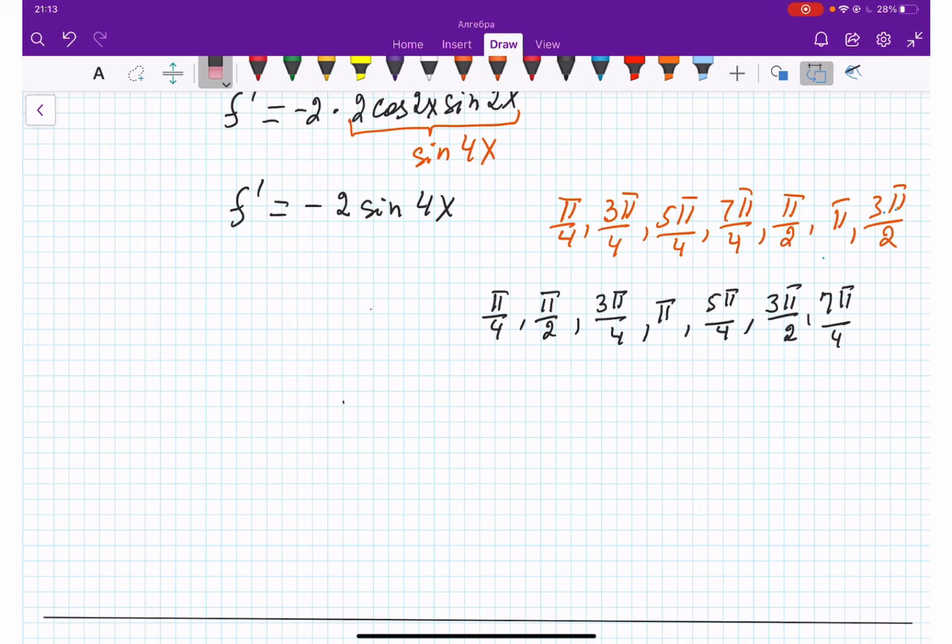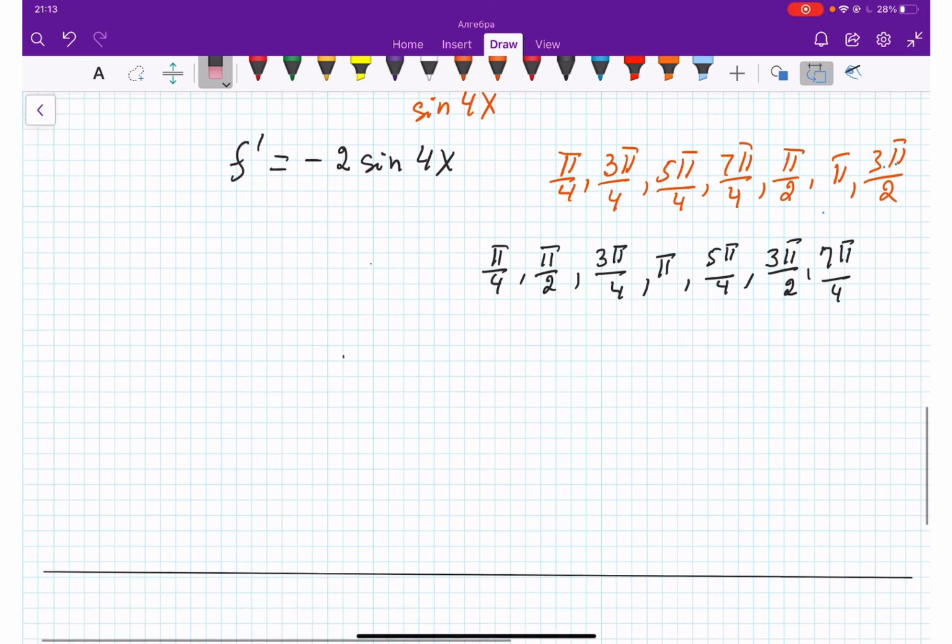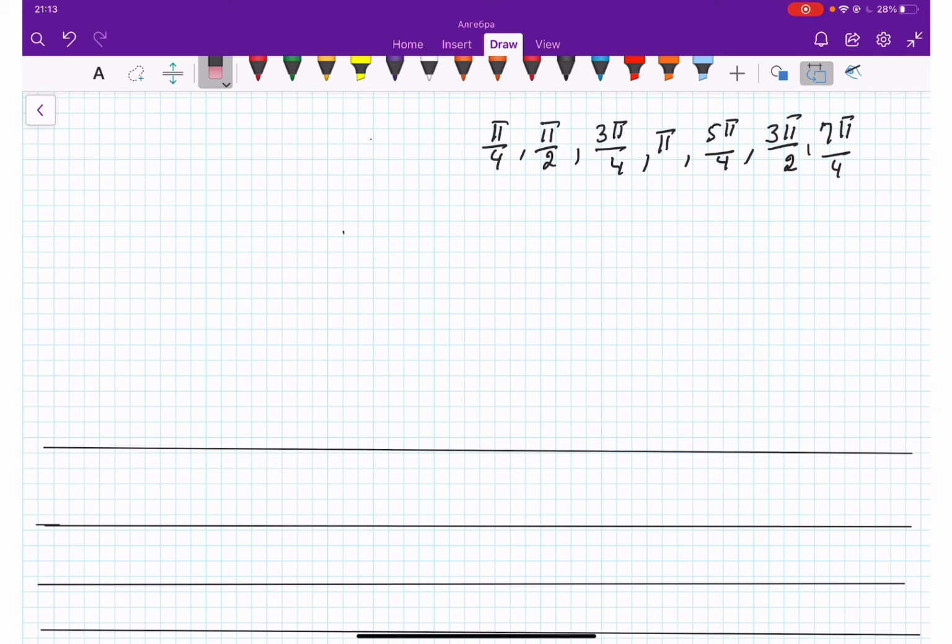Okay, now let's test the intervals and find out if the graph on each given interval is increasing or decreasing. We start with the first interval that ends with pi over 4. So we write down x is greater than 0 and less than pi over 4.